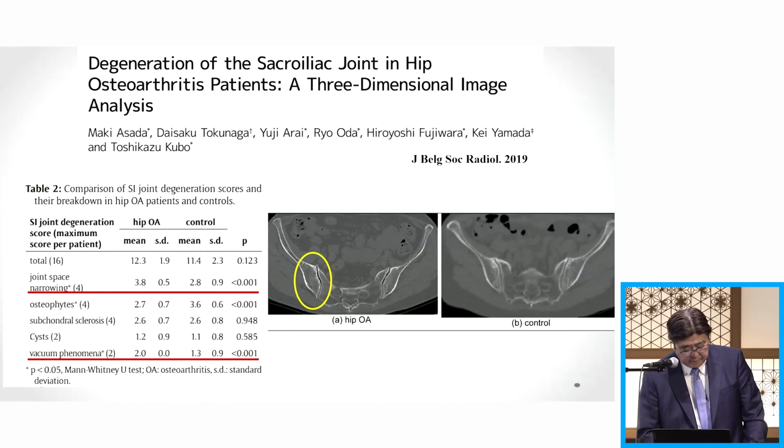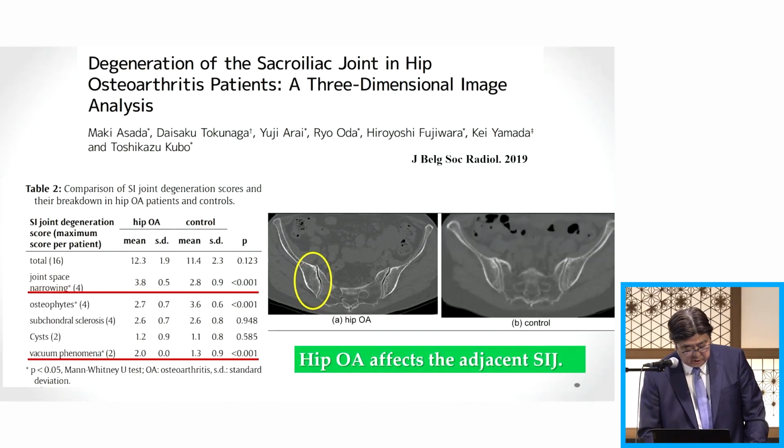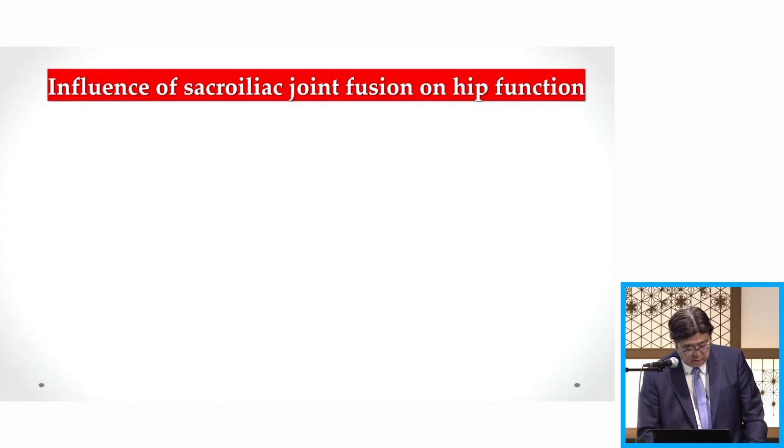Several reports have shown that patients undergoing THA have significantly more SIJ narrowing and vacuum phenomenon compared with controls. This suggests that hip OA affects the adjacent SIJ. The influence of sacroiliac joint fusion on hip function has been reported.